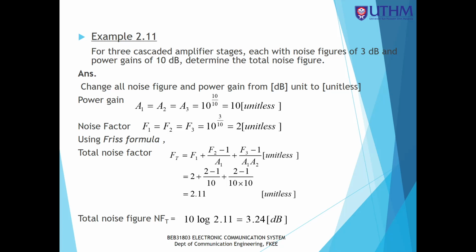This also came out in a test, exactly the same. What is interesting is that many students could answer and many could not, quite strange, for something that is the same as in the notes. The question: 3 cascaded amplifiers with a noise figure of 3 dB and power gains of 10 dB. You are given NF and A, with A1, A2, A3 each 10 dB.